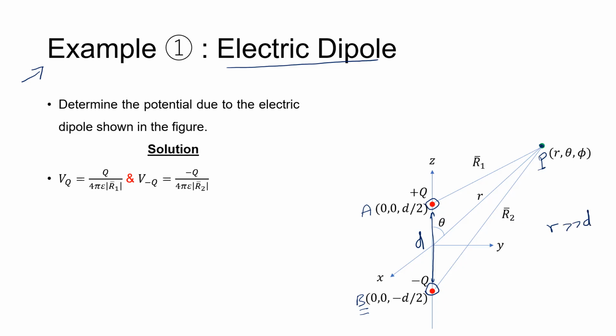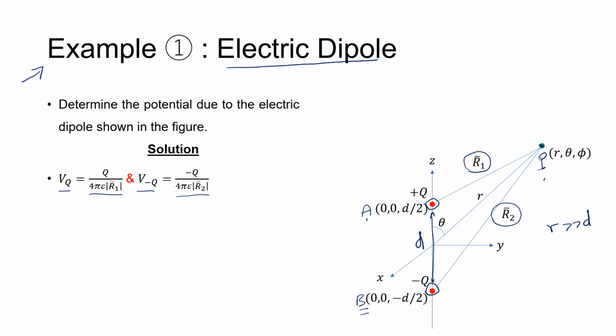To do so, we calculate the potential due to the first charge, V plus q, which is Q over 4 pi epsilon R1, where R1 is the distance between A and P. And then we calculate the potential due to minus Q, which is nothing but minus Q over 4 pi epsilon R2.